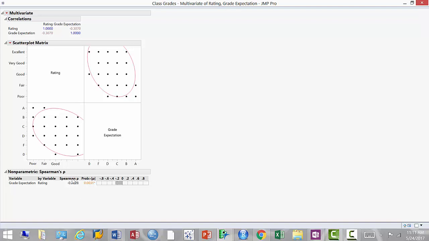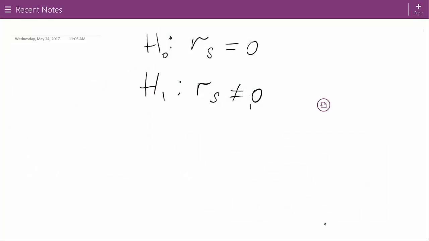But Spearman turned out to be fairly close, minus 0.26. So I'm going to go back and say, oops, where is that? Right here. My Spearman correlation coefficient is minus 0.26, which is pretty weak, right? It's between minus 0.3 and plus 0.3.